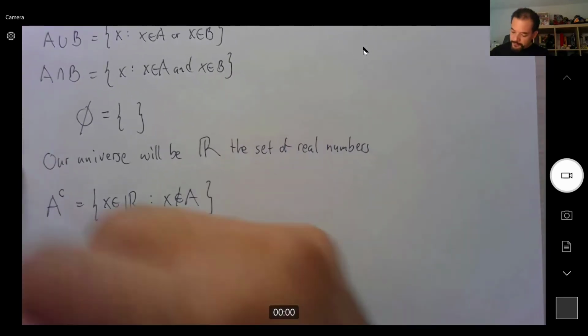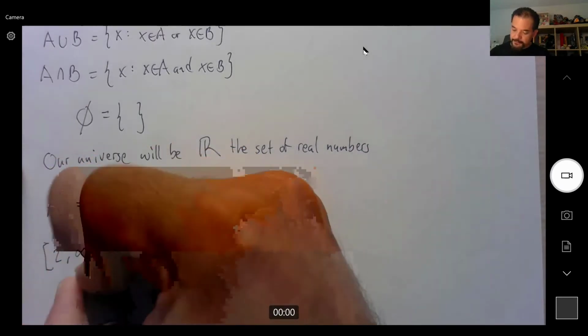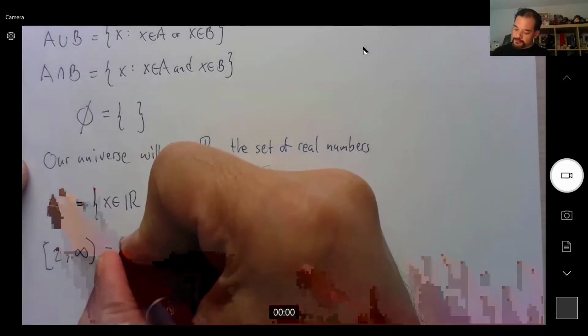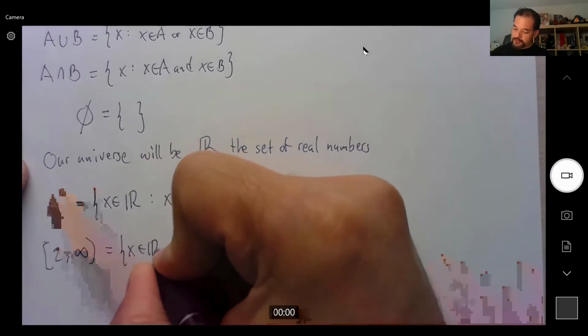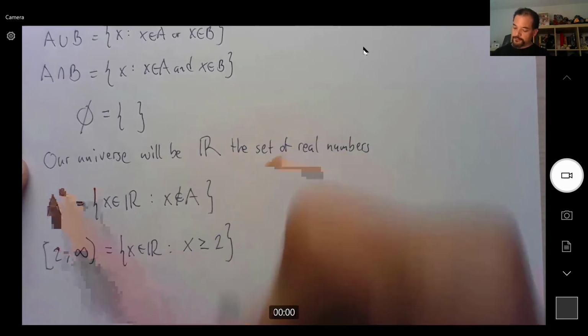Okay, little example here. If we do the set from 2 to infinity as an interval in interval notation, what is this? These are the x's that are real, such that x is greater than or equal to 2.